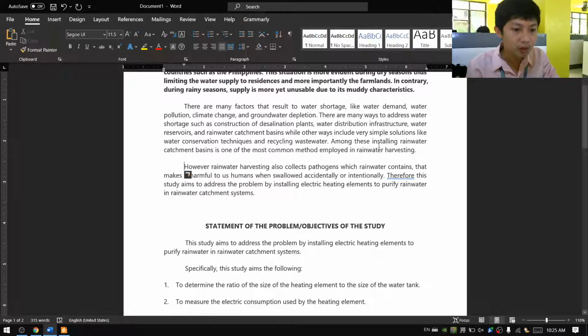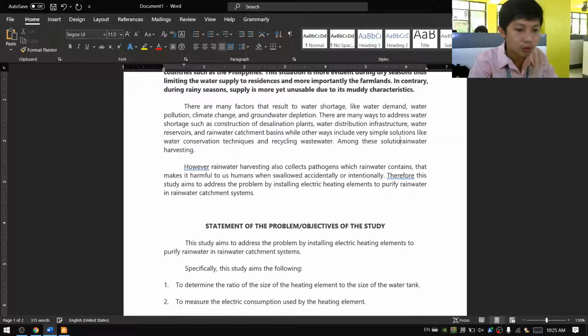Among these solutions, rainwater harvesting seems promising.